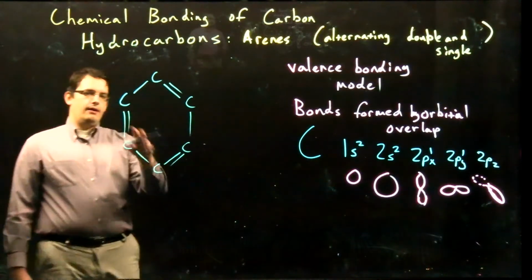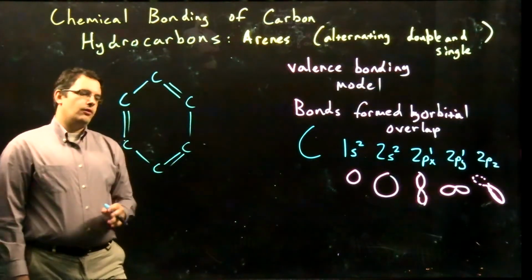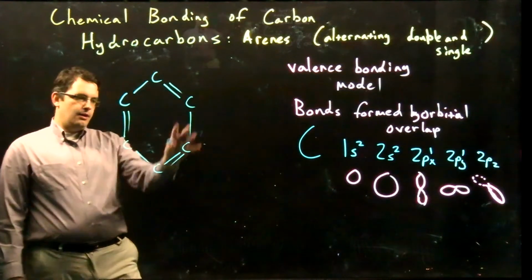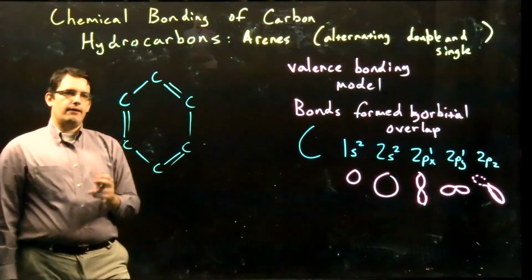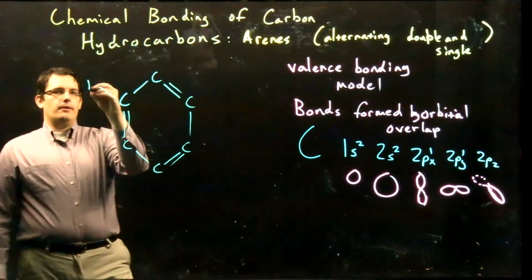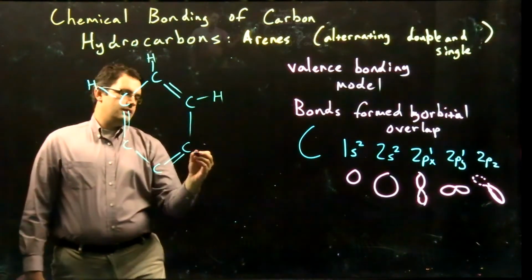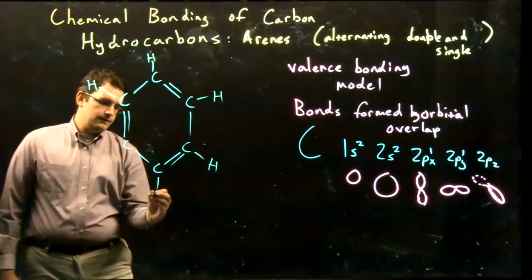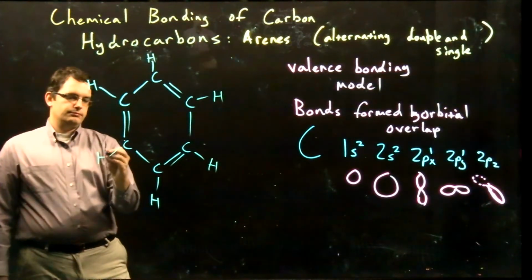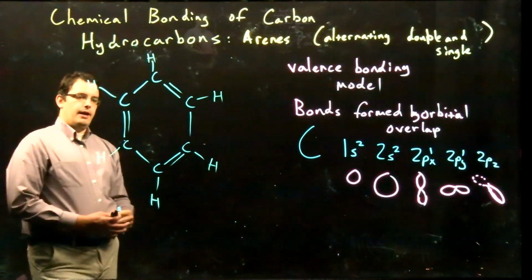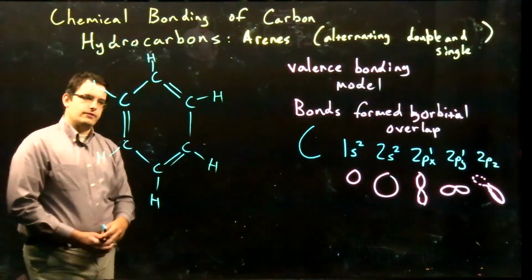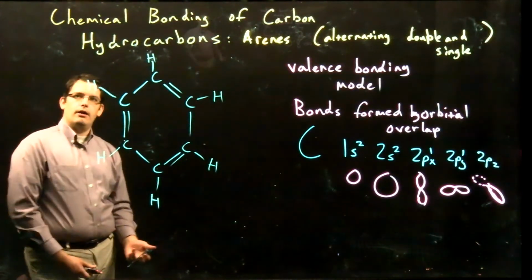So where we have an alternating sequence of single and double bonds between our carbons moving around connected together in this ring. We would also, of course, usually have hydrogens connected on here. So each of our carbons has 4 bonds. And we get our full structure here for a simple arene.